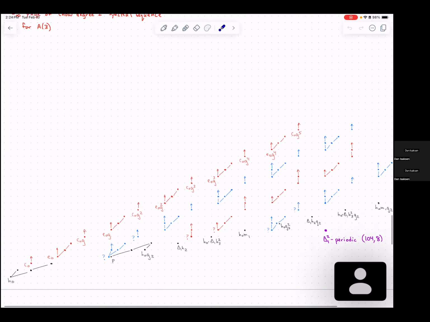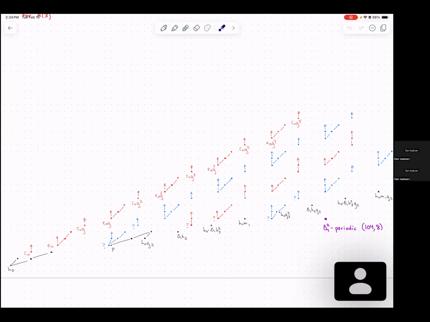Now remember that this is about A(3), and you really have to double all the things again as always. But you see actually a really familiar pattern, and I color coded it a little bit to emphasize it. You see a stripe that looks like ko, and then another stripe that looks like ko, and a third stripe that looks like ko, and a fourth stripe that looks like ko.